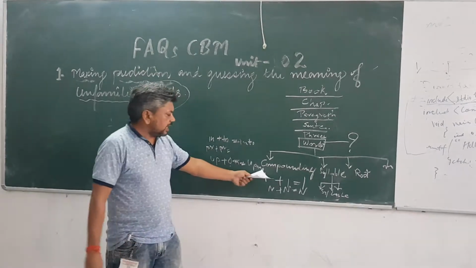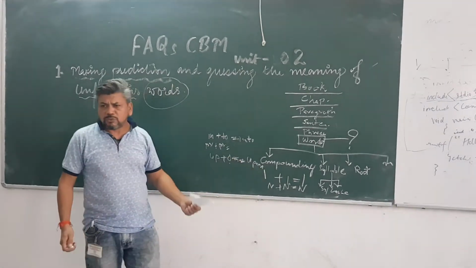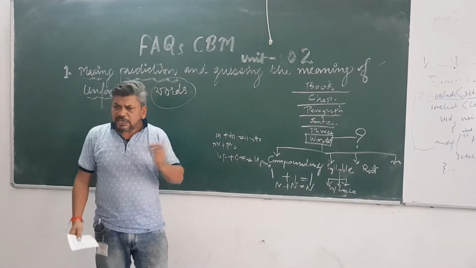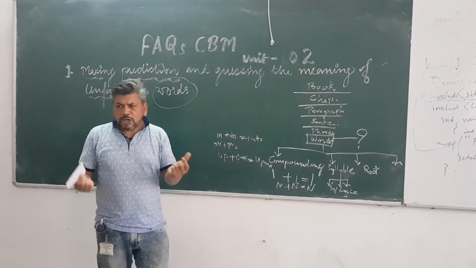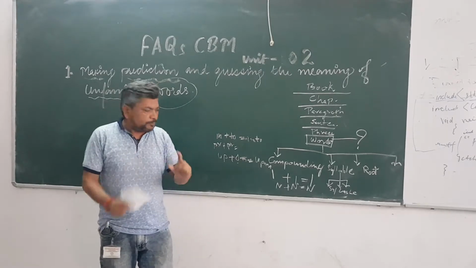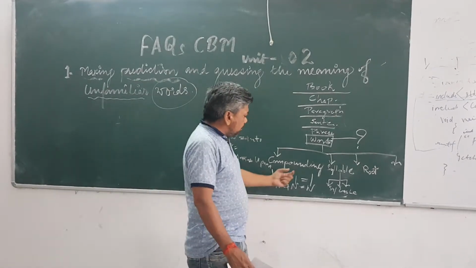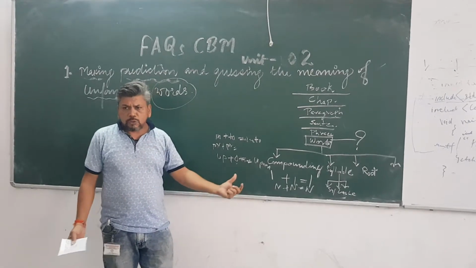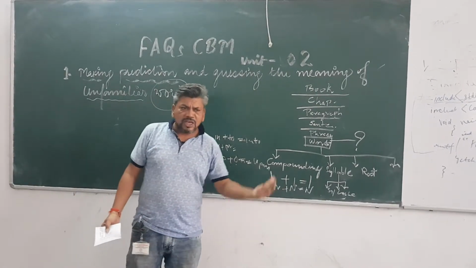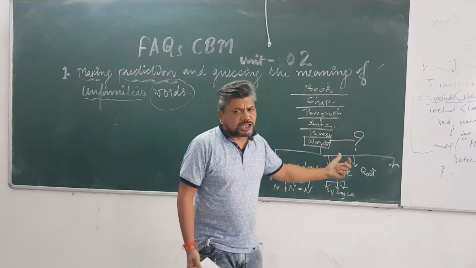Here also inside compounding, I would like to give you one example. Take the word philosophy. If you look at the word, you break the compound: philos plus sophia. You look at the origin. Philos means love, and Sophia is the Greek goddess of knowledge and learning.